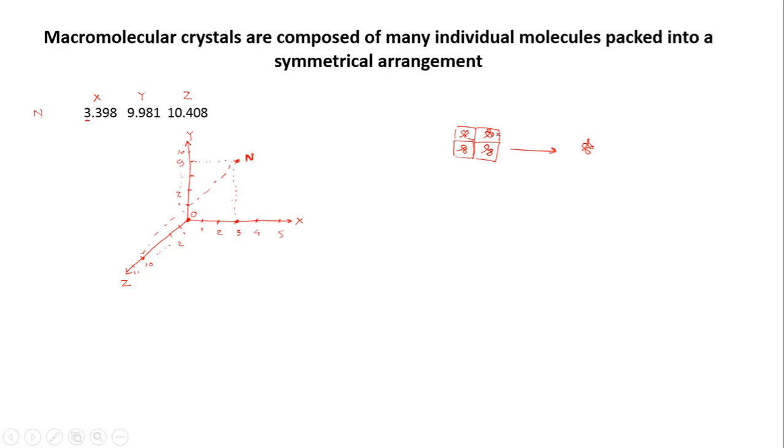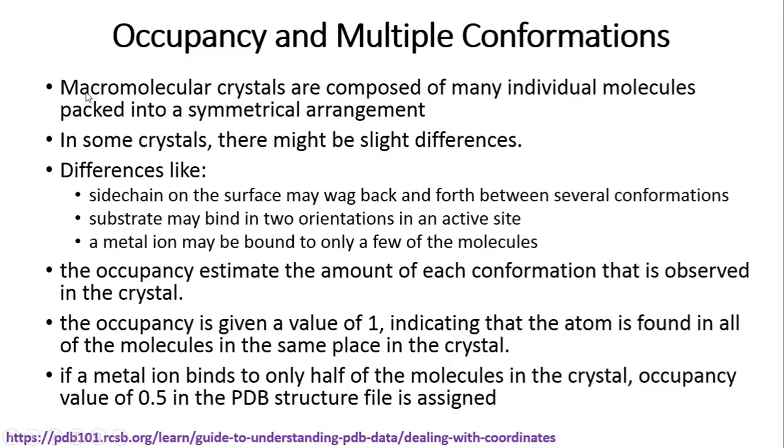Okay, so now here comes some more interesting facts. As I have said, the macromolecular crystals are composed of many individual molecules that are packed into a symmetrical arrangement. Now, in some crystals, there might be slight differences, like a side chain on the surface.